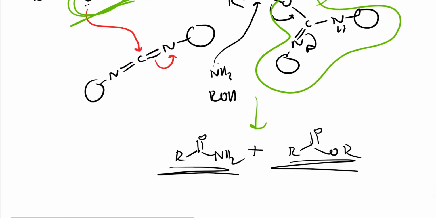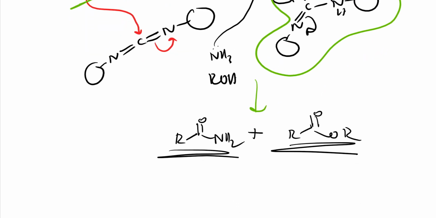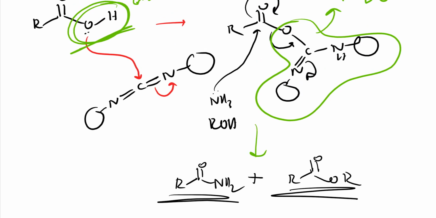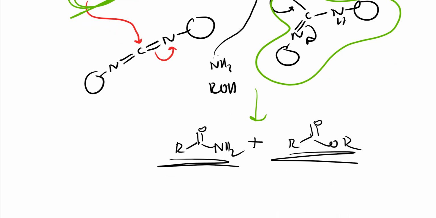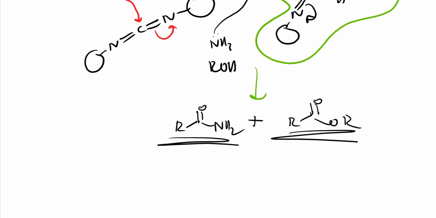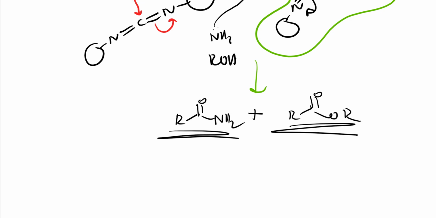So this is all we understood, right? What all the things we have studied: we converted acid to amide, acid to ester, and now we synthesized the peptide bond in amino acids using DCC. So these were the 3 applications of DCC.